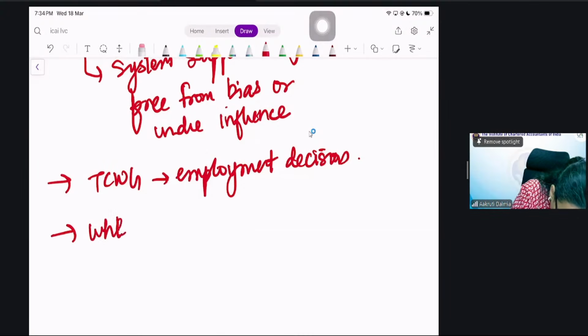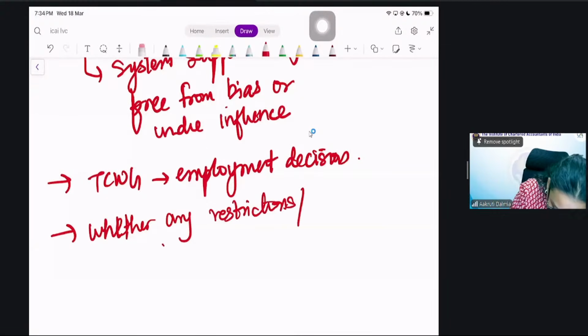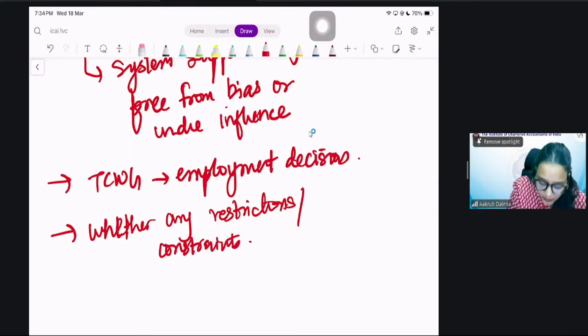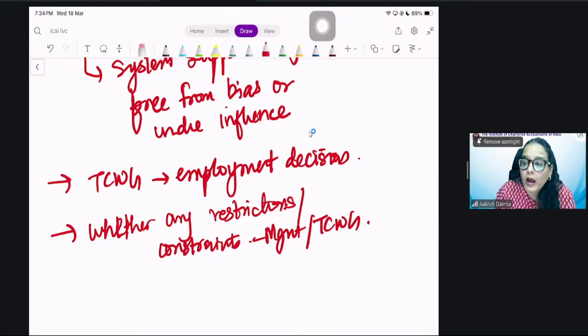Whether there are any restrictions or constraints imposed either by management or TCWG. Suppose Akhila wants to meet and have a discussion with Nikunj, but the management says we don't allow our internal auditor to talk to the external auditor.